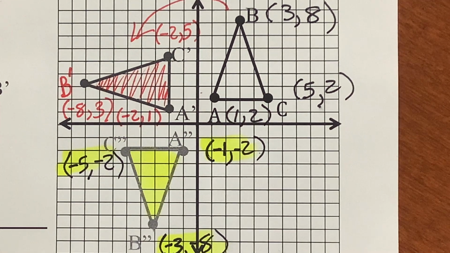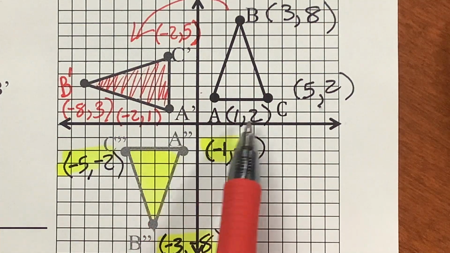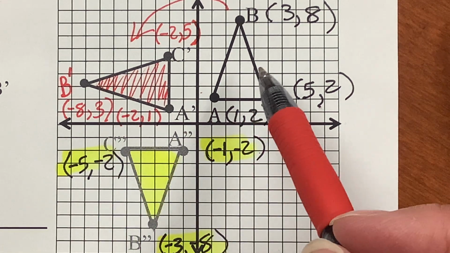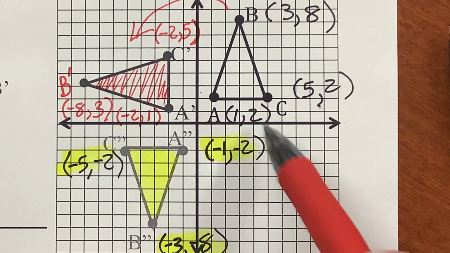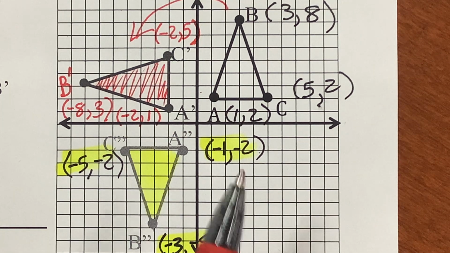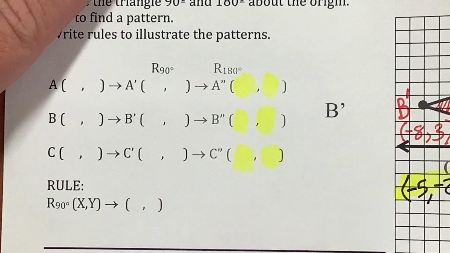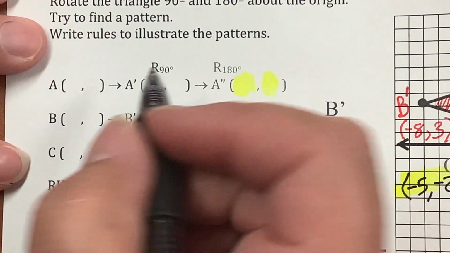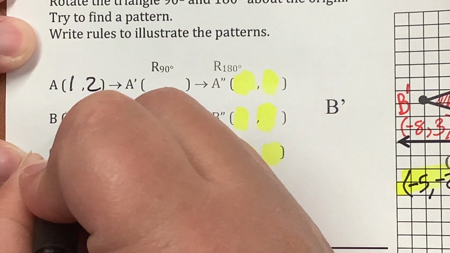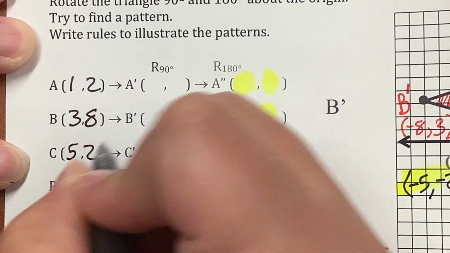Okay, so you can see what happened to the coordinates as we rotated them. Let's just look at A to start with. It was 1, 2, and then X and Y switched and we negated the Y. And then to do 180 degrees, they're in the same order as the original, but we negated both the X and the Y. So let's organize all that information over here. Starting with the original points, 1, 2, and 3, 8, and 5, 2.